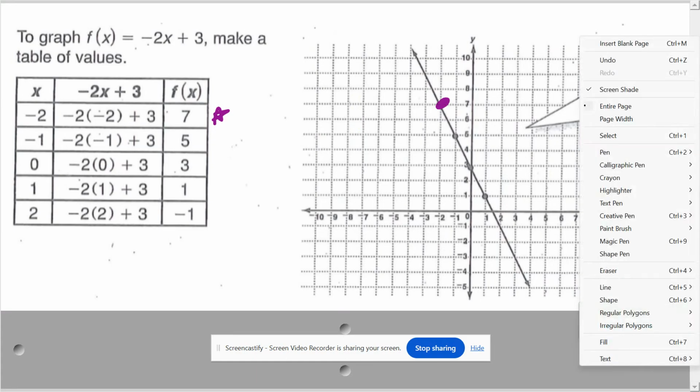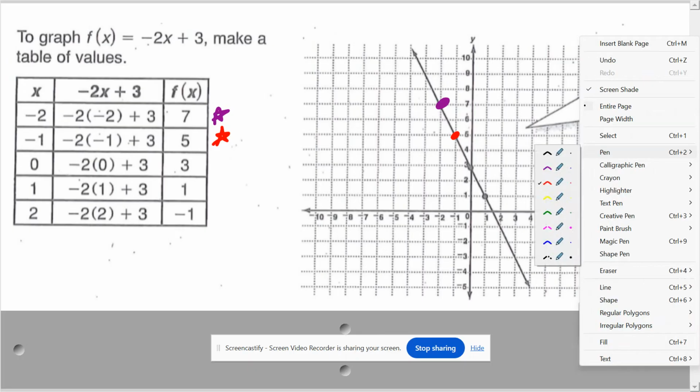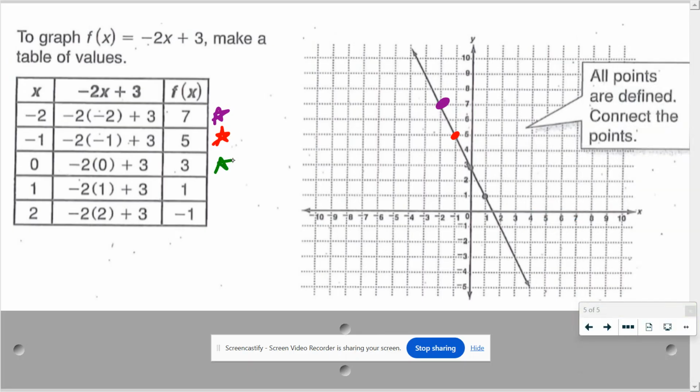We can do that process again, and we can choose our own x values. Sometimes they're going to be given to us, like here, -1 is given to us. We input it into our function, evaluate it, and that value becomes 5. So -1 goes to 5, and you'll see that there's a pattern happening here. 0 is our x; we plug it in and end up with 3, so we can plot (0, 3).